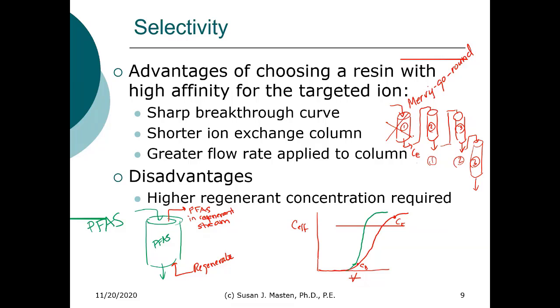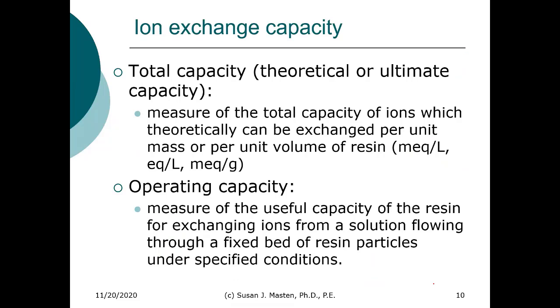So any questions about kind of the operation of how this works? When we talk about ion exchange resins, we talk about capacity of those resins, and we talk about total capacity and operating capacity. Total capacity is a theoretical value. If we know how many exchange sites we have on the resin, we can then determine the total theoretical capacity that can be exchanged.